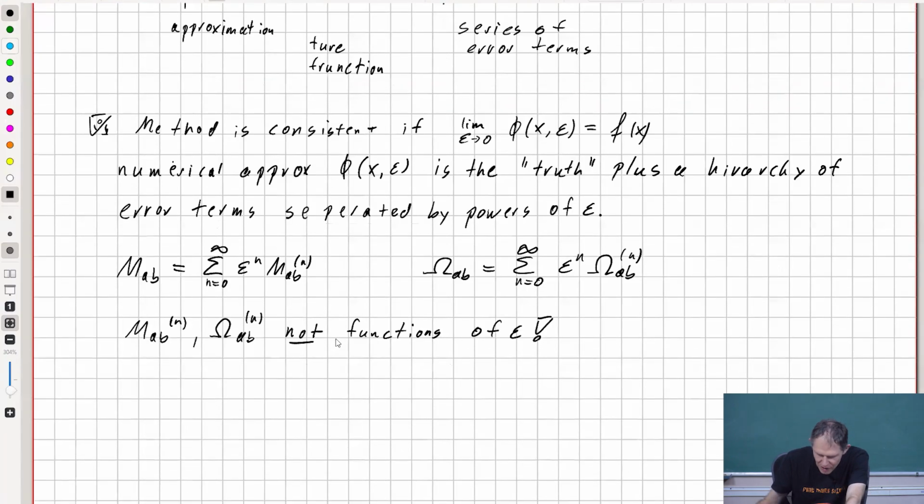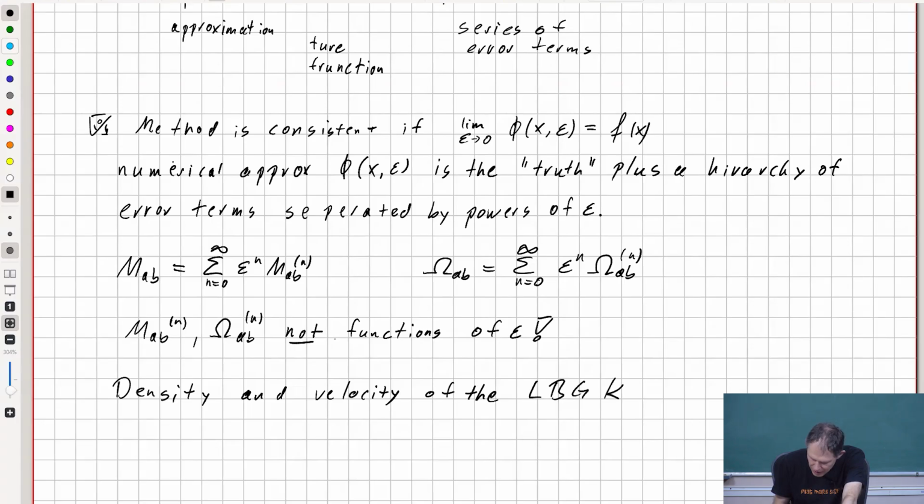So now, for example, the solution that we are looking for in the lattice-Boltzmann method is the density and velocity of the LBGK.